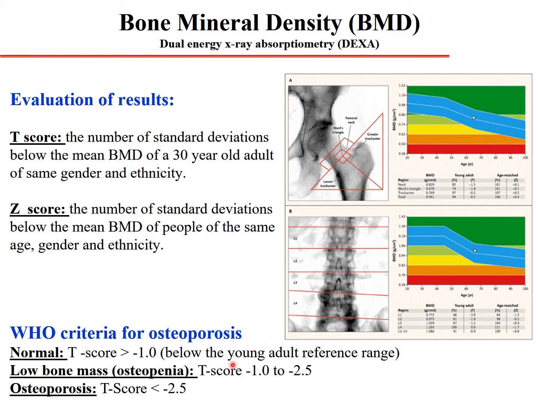However, if the T-score is between 1 and 2.5 less than normal bone density, that means osteopenia, and we call it osteoporosis if the T-score is more than 2.5 standard deviations less than the normal bone mass density.